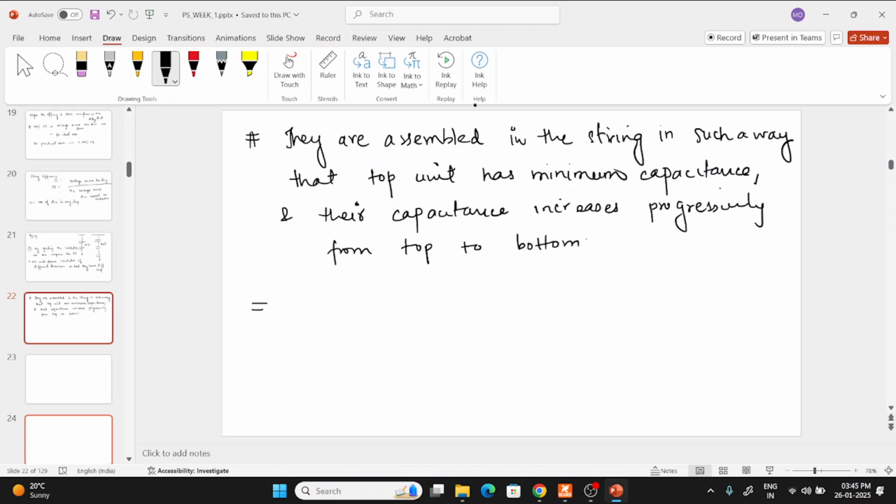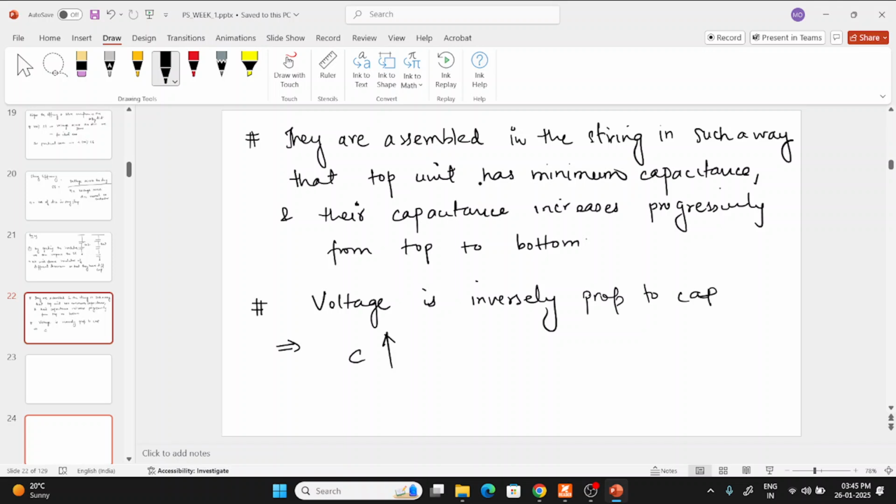इससे क्या होगा? Voltage is, I think you all know that, inversely proportional to capacitance. So what will happen?